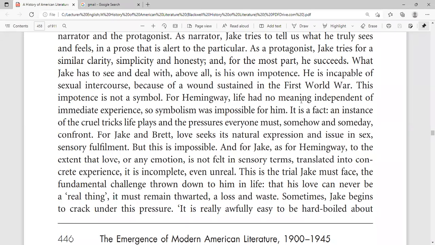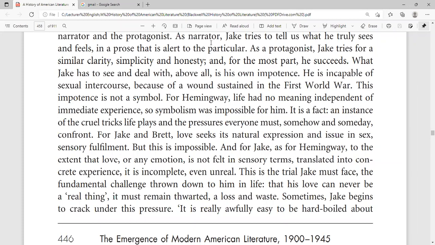For Hemingway, life had no meaning independent of immediate experience. So symbolism was impossible for him. Life had no meaning independent of immediate experience. That is the thing which is expressed in his theory of nada, or you can say there is nothing beyond this world or beyond this moment.